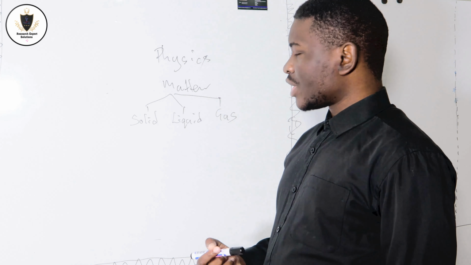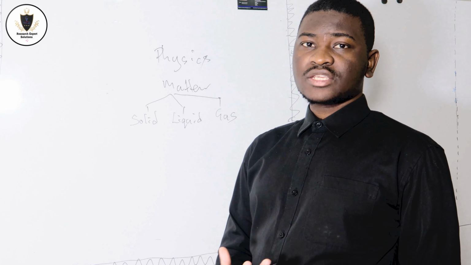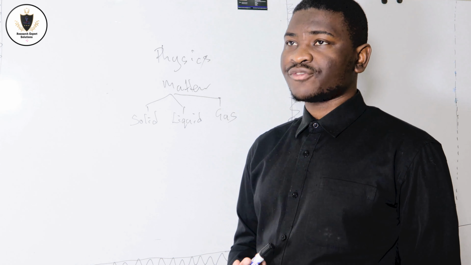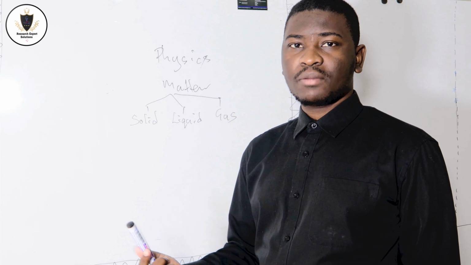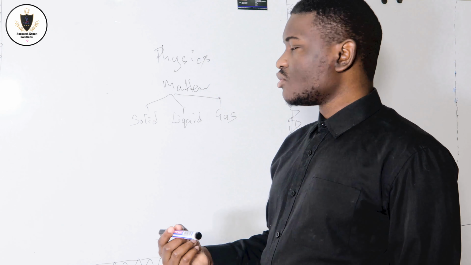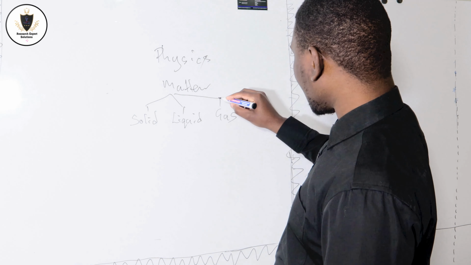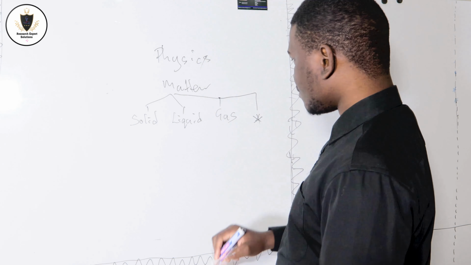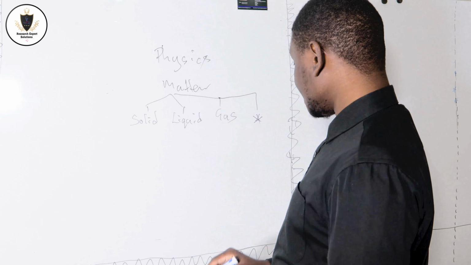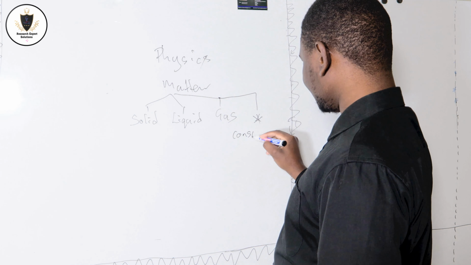Now, when you look at the scientific direction today, I think when you read a paper by Max Tegmark, you come across information that talks of another state of matter, which is consciousness.